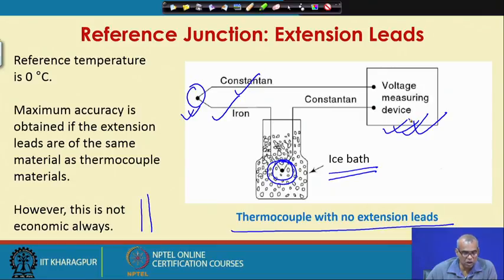So, it is not economical to use a very long wire made of the same metals as the thermocouple metals, because it will be unreasonably expensive and there is no need also.